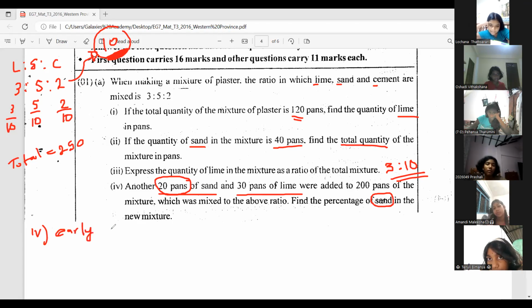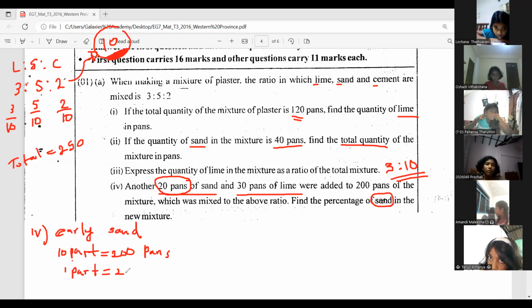Early sand. 200 means how many parts? 10 parts, no? 10 parts equal 200 pans. So you can find one part value. One part is 200 divide by 10. What is the answer? 20 pans.